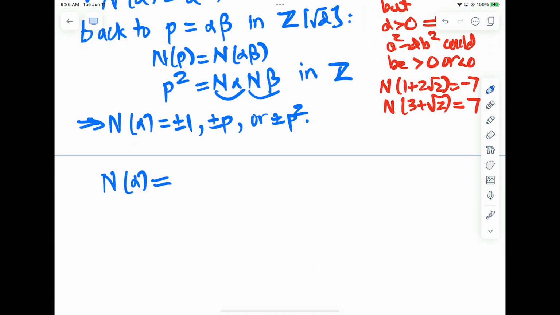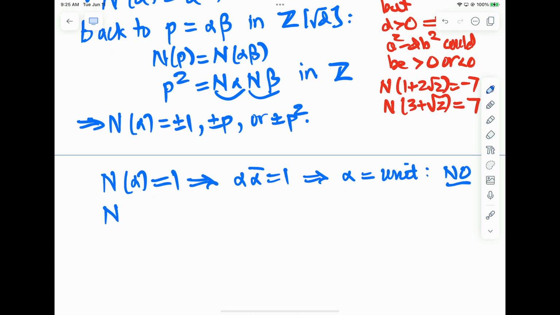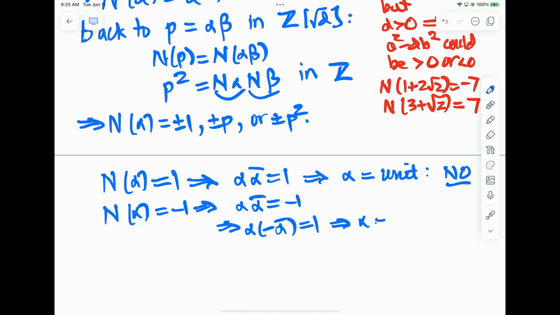If the norm were equal to 1, then alpha alpha bar is 1, which makes alpha a unit, which is not the case. And it can't be minus 1. If it were minus 1, you still get alpha times minus alpha bar is 1, and so you still run into a problem, because we were assuming that alpha and beta are non-units, since p is reducible and a product of two non-units.